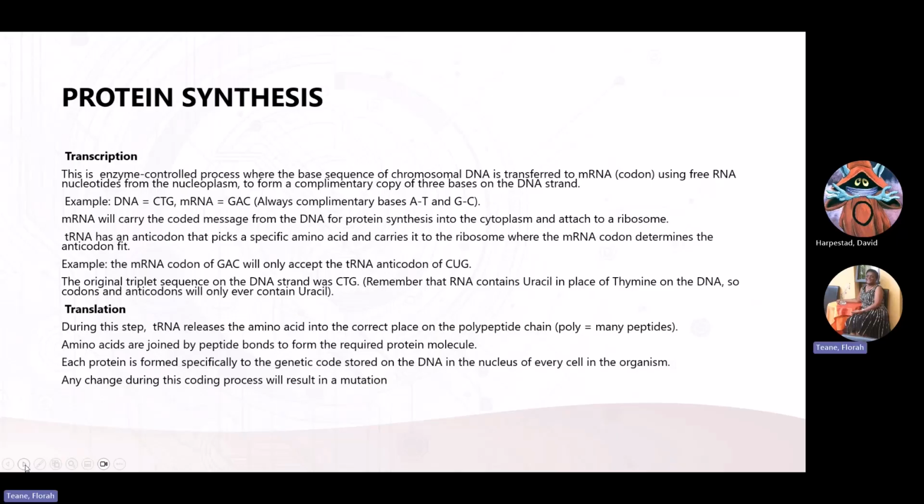The helicase enzyme is the one that facilitates the breaking of the weak hydrogen bond. And the polymerase enzyme is the one that facilitates the addition of loose nucleotides to the DNA strand to form the messenger RNA.